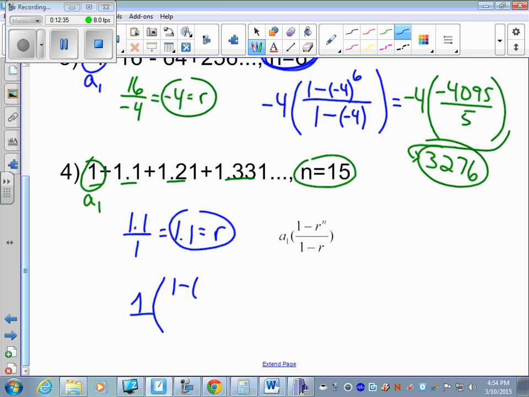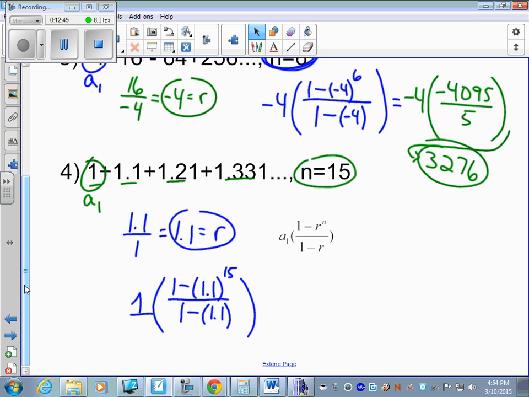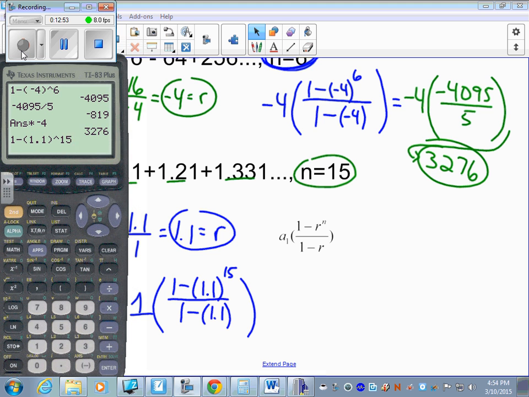Raised to the 15th power over 1 minus 1.1. So let's put that in the calculator. I'll just put the numerator of the fraction in the calculator. Again, that's not a fun answer. But we can just take this number and divide it by 1 minus 1.1. That's the denominator.